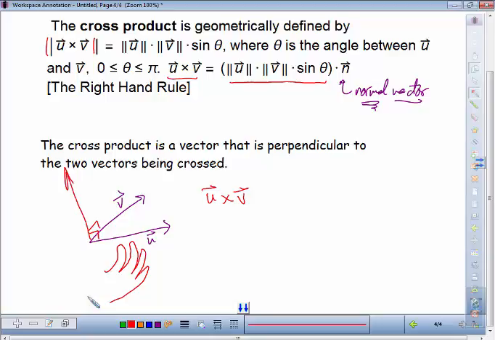Take your right hand. You're going to wrap your four fingers around to your index finger first, and then wrap it around to your middle finger after that. You feeling me here? Your right hand is the hand that's wrapping around your two vectors, and whichever way your thumb is pointing is going to be the direction of your normal, of your cross product.